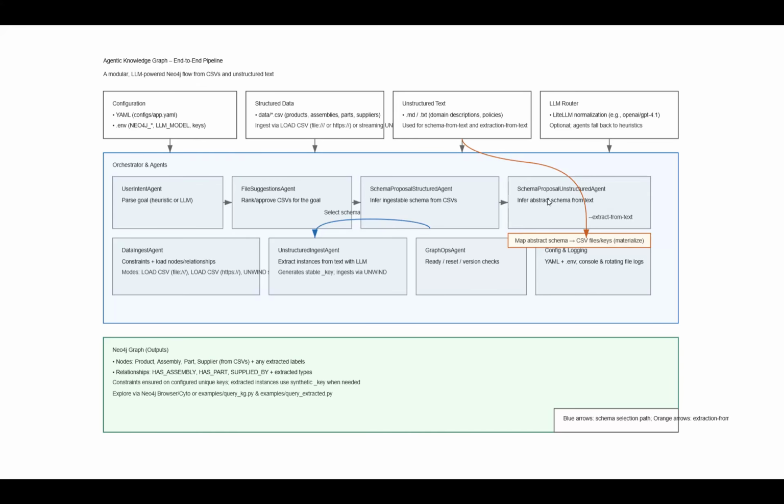and in an unstructured data set or unstructured file. We have other agents. First of all, the orchestration agent, which governs the flow of the different agents, controls the status of the whole pipeline, and transfers data in between the different agents.